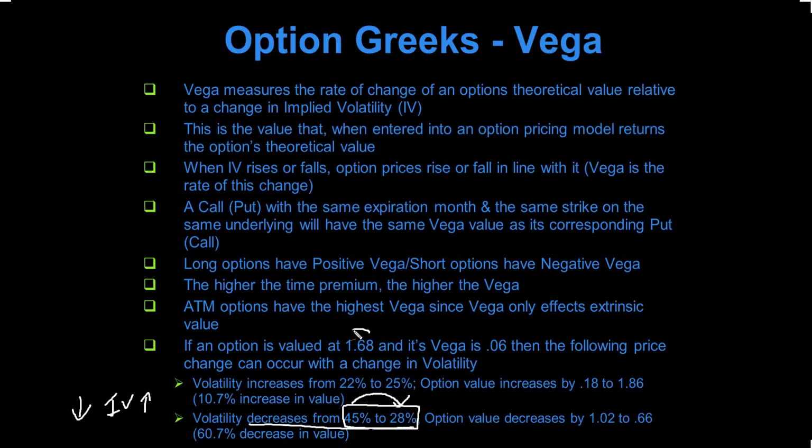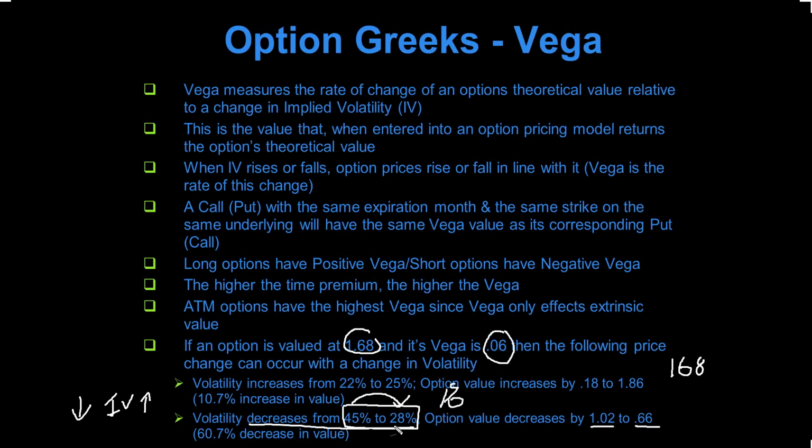Now let's look at the stock. Let's say the same option at $1.68, it's worth that right there. We're long it, so we're long Vega. But volatility decreases by a pretty good bit. It goes from 45 to 28, so it decreases from 1.02 to 0.66. The value decreases by that amount because it decreases 6 cents for every 1% move.